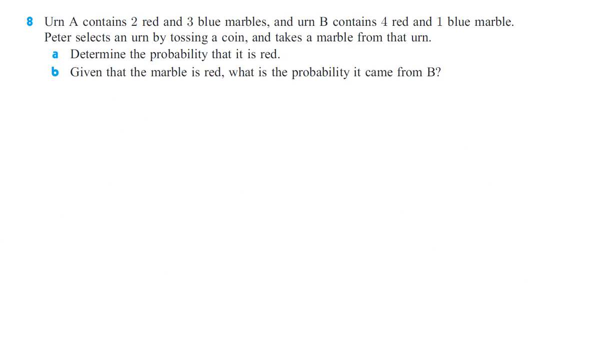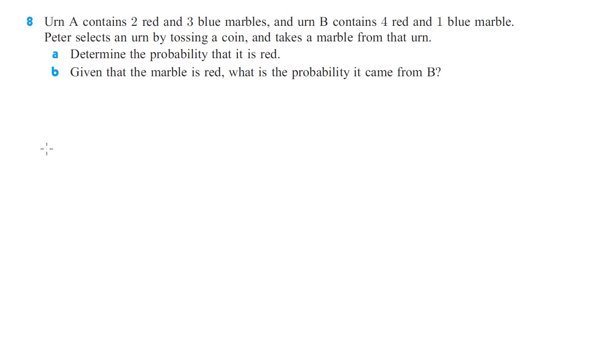We've got number 8. Urn A contains 2 red and 3 blue marbles. Urn B contains 4 red and 1 blue marble. Peter selects an urn by tossing a coin and then takes a marble from that urn. Determine the probability, so forth and so on. So, honestly here, I don't think a Venn diagram is going to be very helpful, but I think a tree diagram would be more helpful.